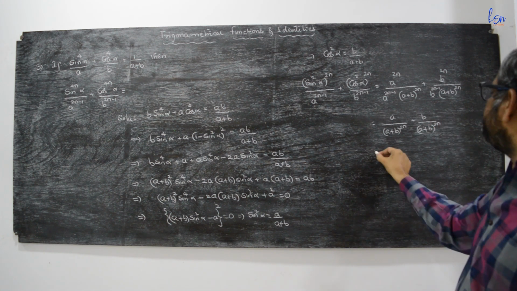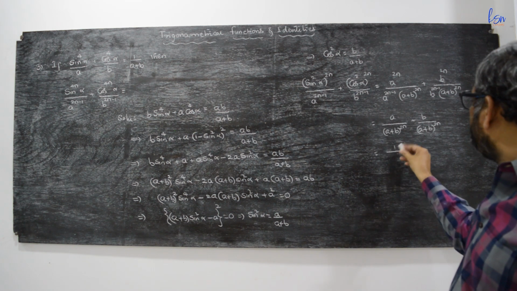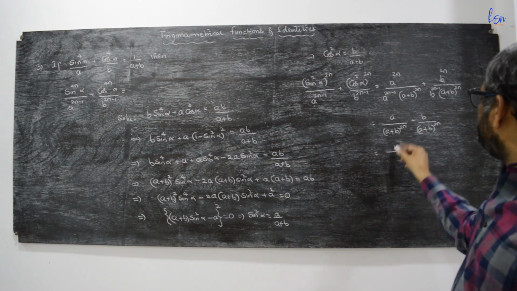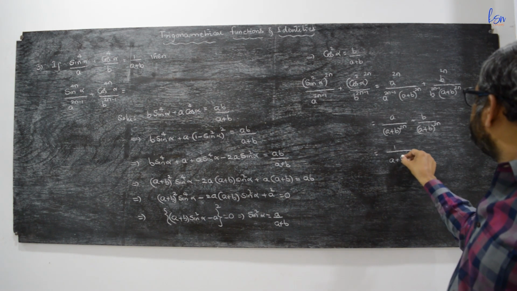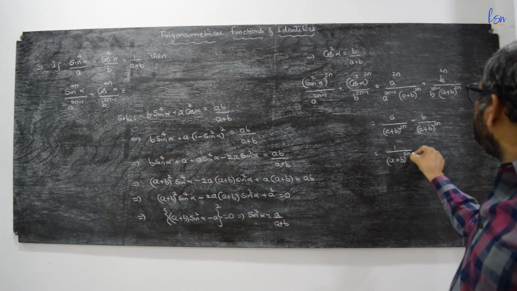This will become a plus b by a plus b whole power 2n, sorry, a plus b whole power 2n. That can be written as a plus b whole power 2n minus 1.